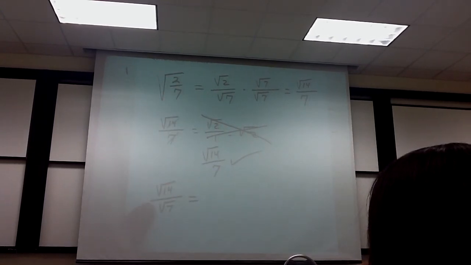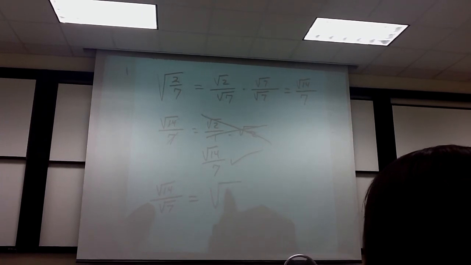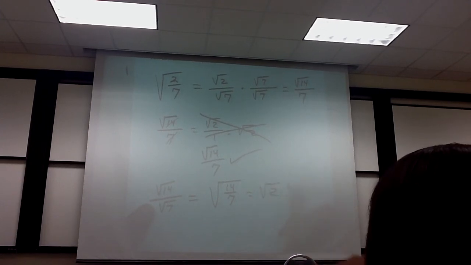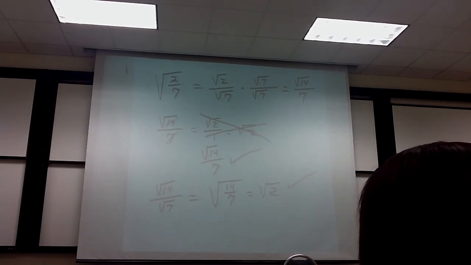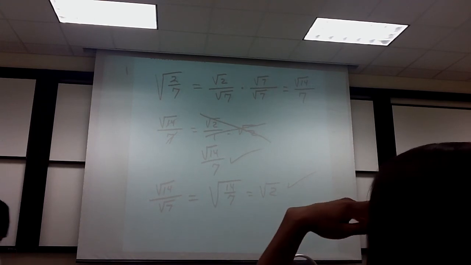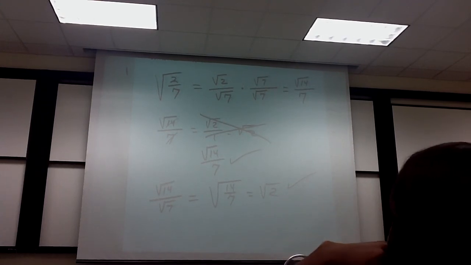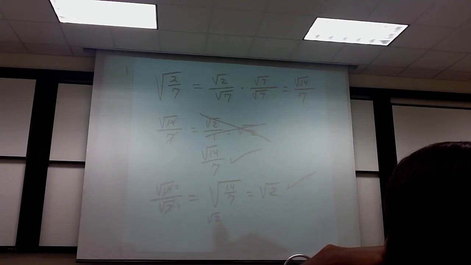So I can re-express this as that. I can simplify, or I can just skip that middle step. That's 2, that's 1, that's square root of 2 over square root of 1, but square root of 1 is just 1. Either way, you're going to get the square root of 2.